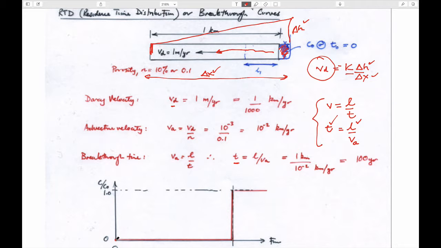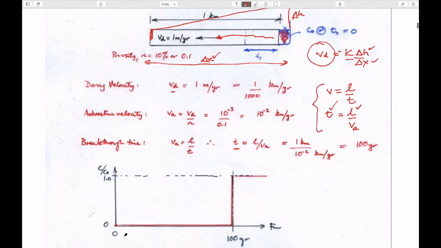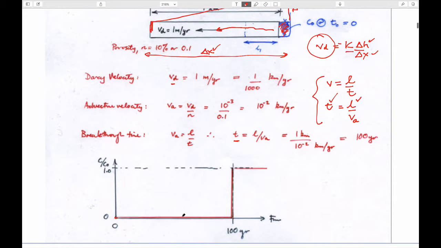If you start upstream at some time 0 and you wait downstream for it to arrive, then all of a sudden it would arrive at 100% concentration at some residence time. You can calculate that straightforwardly just from velocity is equal to length over time. So that's one thing that perhaps you need to absorb before you move ahead.